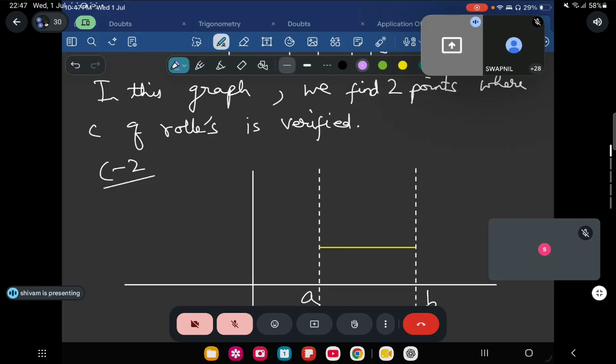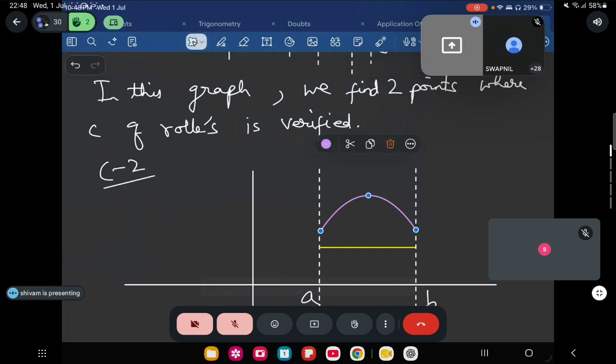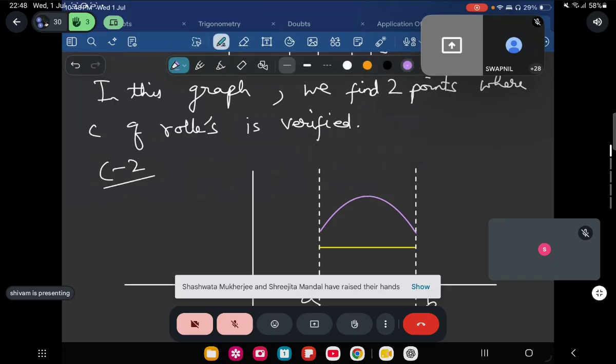Raise your hand. For this yellow line, how many c of Rolle's are you getting? Yes, Shashwato? Infinitely many. Right. Over here, you'll get infinitely many c of Rolle's.